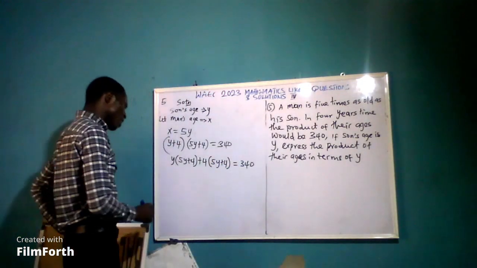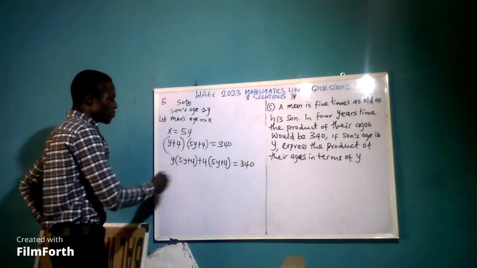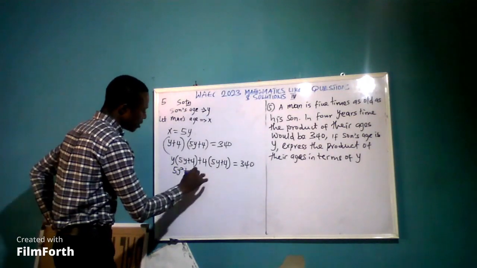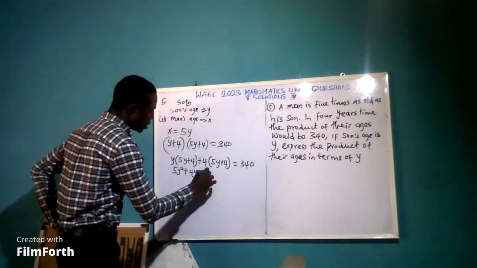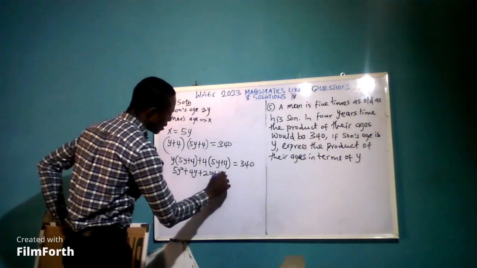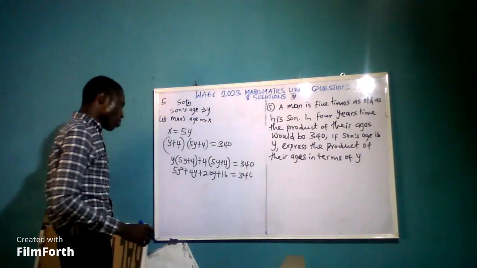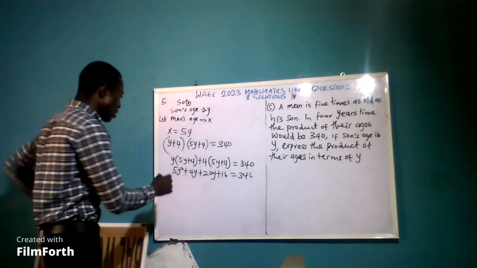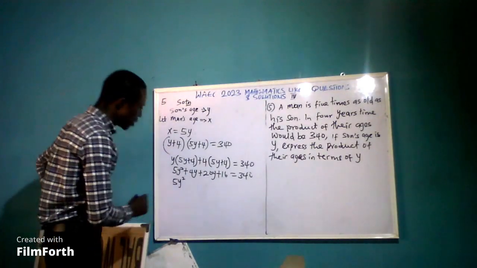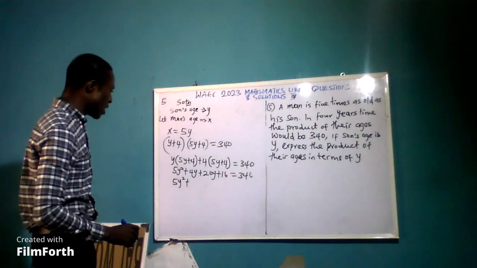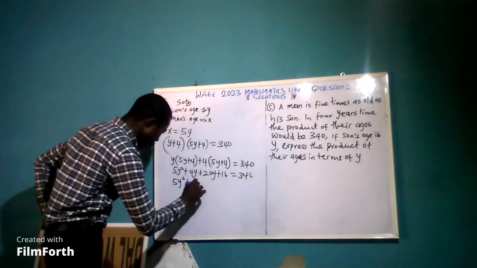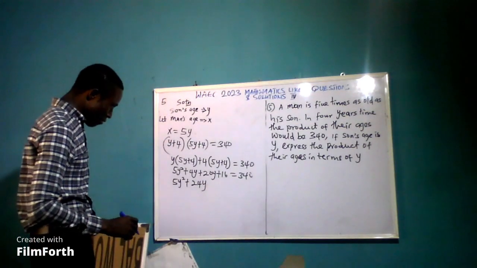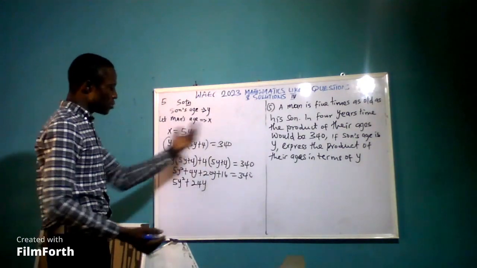If you open up these brackets, we have y times 5y, that will give you 5y squared, plus 4 times y will be 4y, then 4 times 5y, that will give you 20y, then 4 times 4, that will give you 16, equal to 340. You just add up those things that are alike: 5y squared, then plus 4y plus 20y, that will give you 24y, then 16 minus 340, because we want to take 340 from the other side to this side.